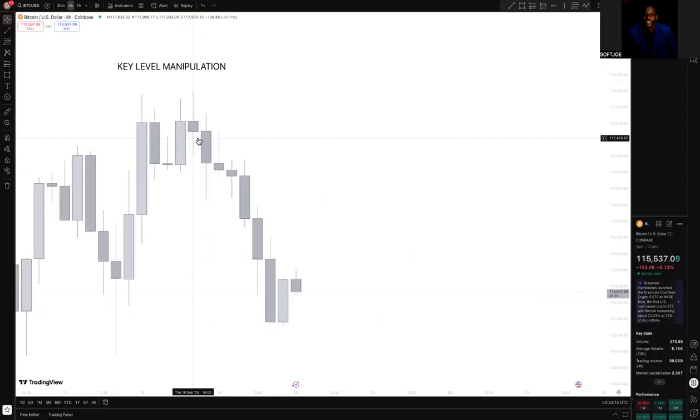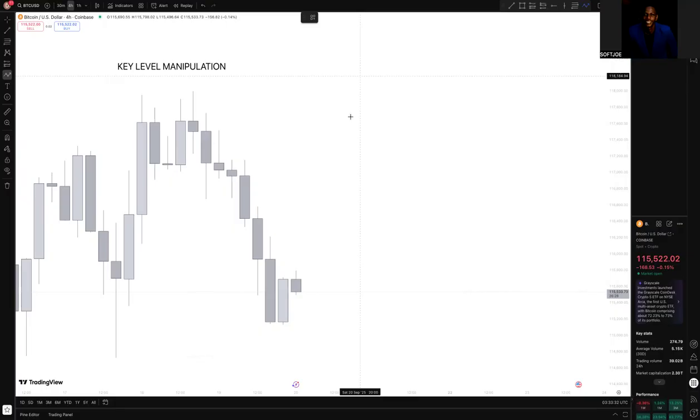Let me give you a diagram or illustration of how these key levels are formed, and then I will show you how you see a key level being manipulated. Remember, we have the A-shaped key level, the V-shape, and the open close.